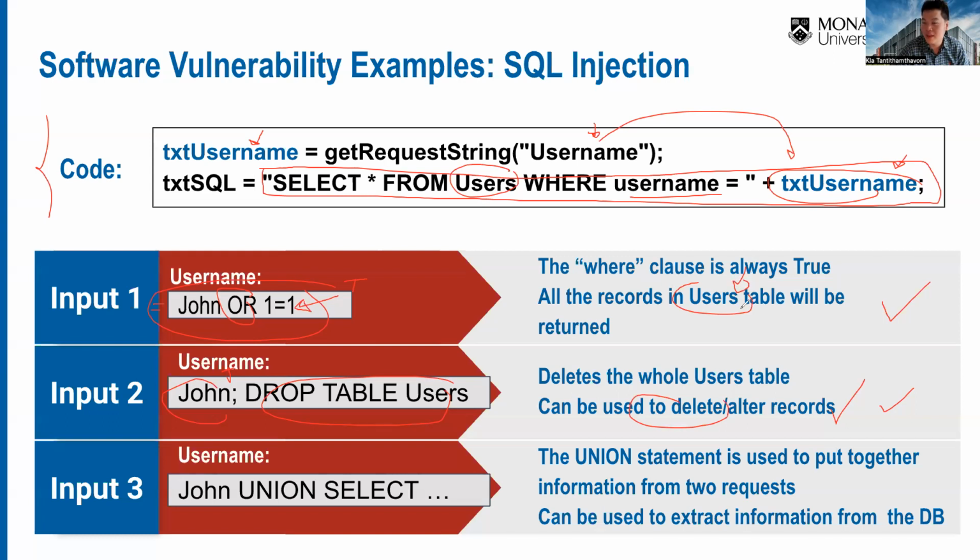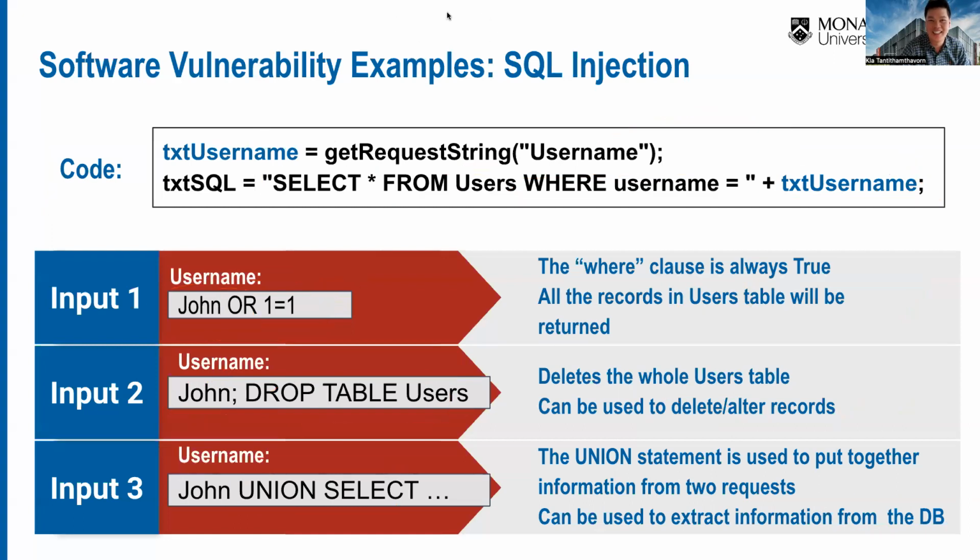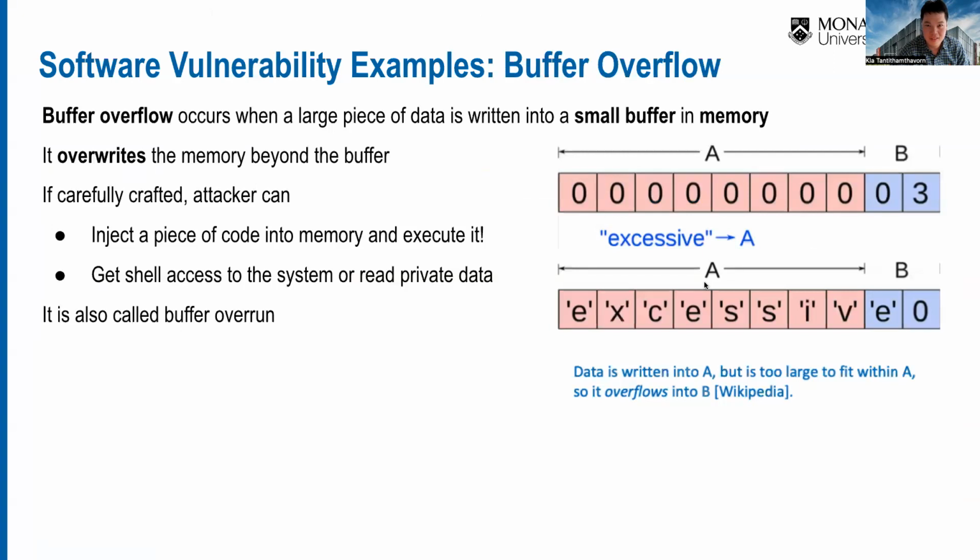Let's say this is banking information, and you want to extract how much money each person has. Then you can even use a union statement to join the table with another table, and then you can extract the information from the whole database as well. That's very easy. Was that fun?